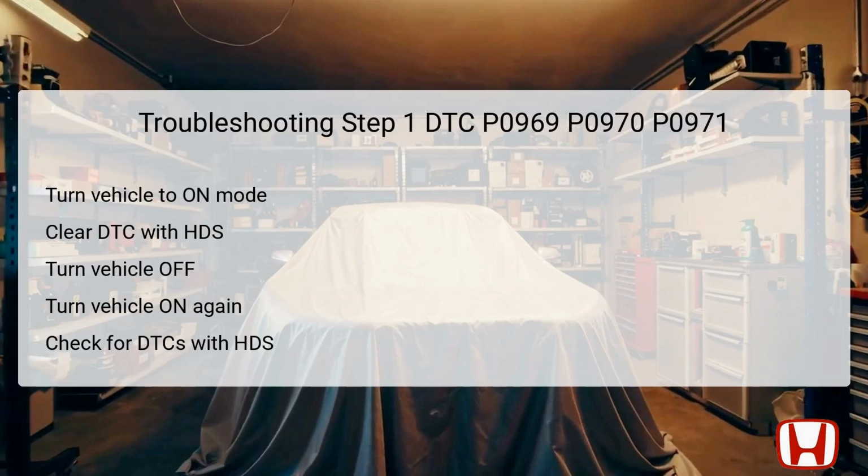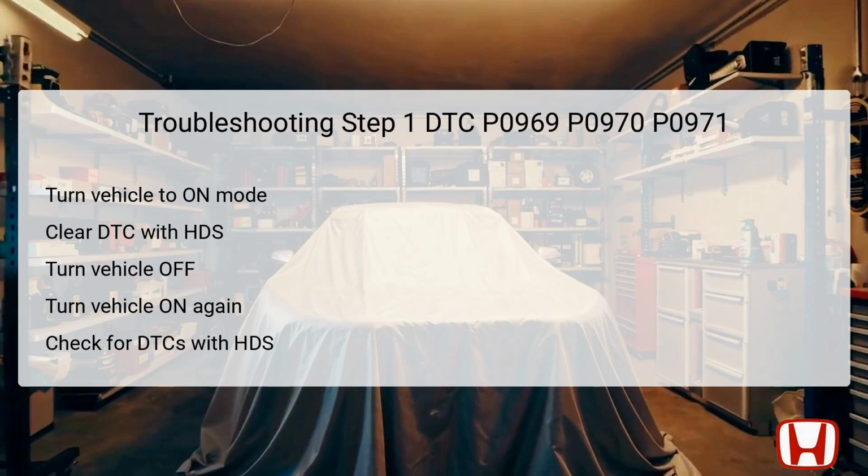The first step in troubleshooting DTC codes P0969, P0970, and P0971 involves verifying the problem, starting with the vehicle in the on mode. This allows the onboard diagnostic system to fully power up and evaluate the operational state of vehicle components, especially the transmission system.